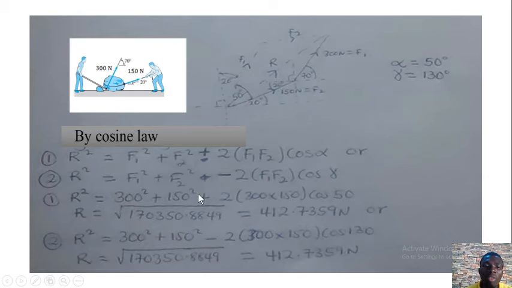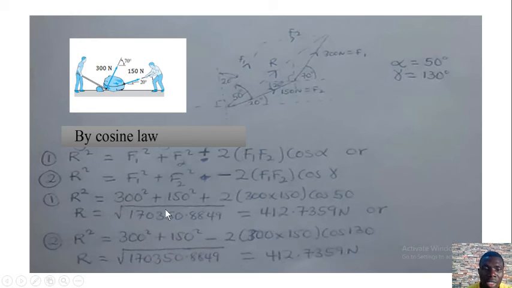Now you carefully slot in your values. R squared equals F1 squared, that's 300 Newton squared, plus F2 squared, 150 Newton squared, plus 2 times F1 times 150 Newton, that's F2, cos 50, the angle adjacent to the angle between the two forces.